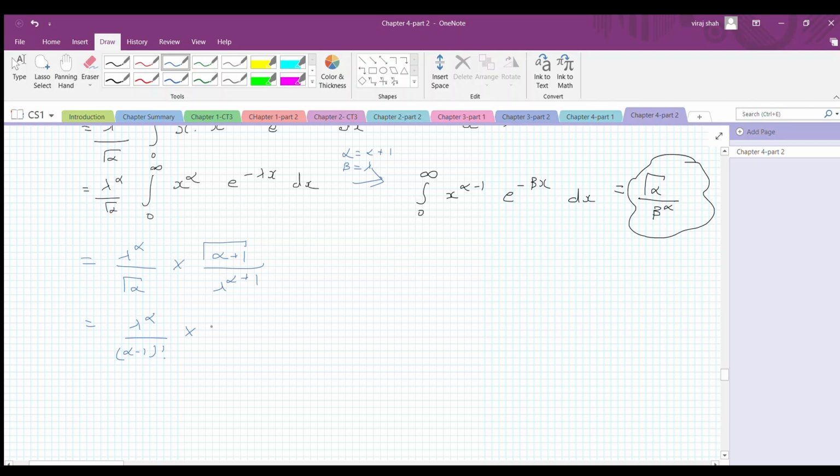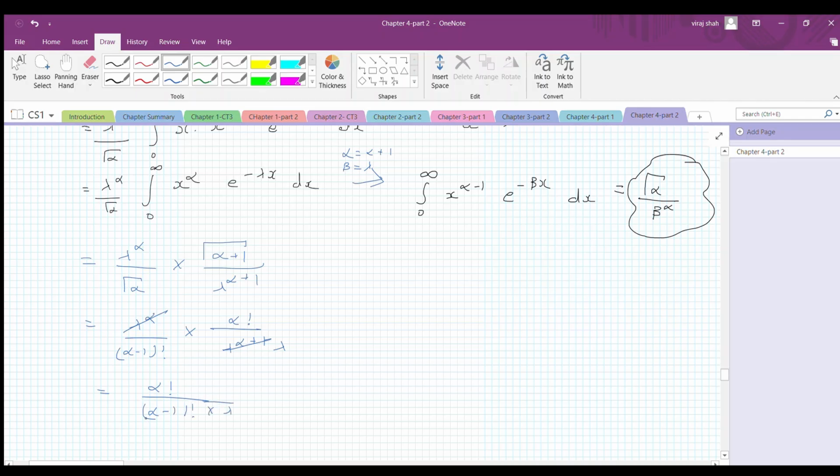Similarly, I can write this as alpha factorial, and this would be lambda raised to alpha plus 1. I can now cancel this, and the remainder term is lambda, and I will be left with alpha factorial upon alpha minus 1 factorial into lambda.